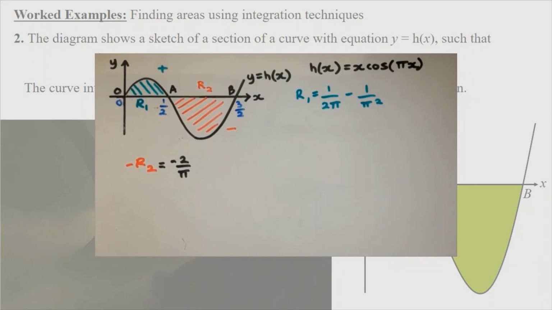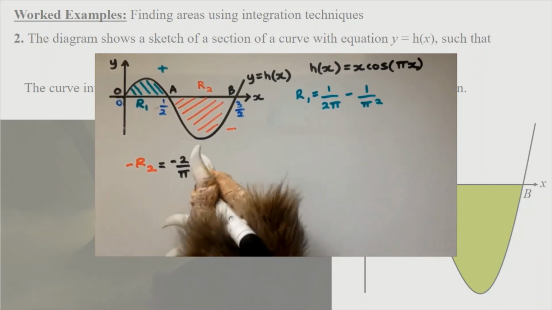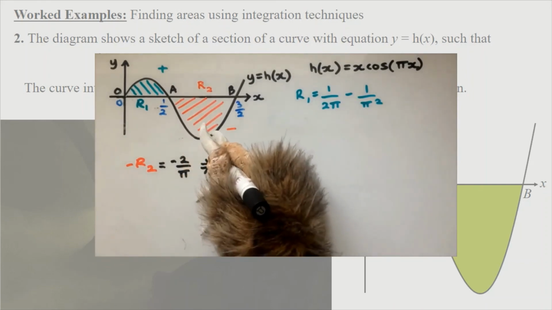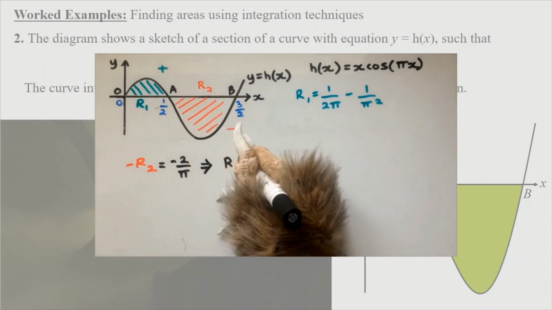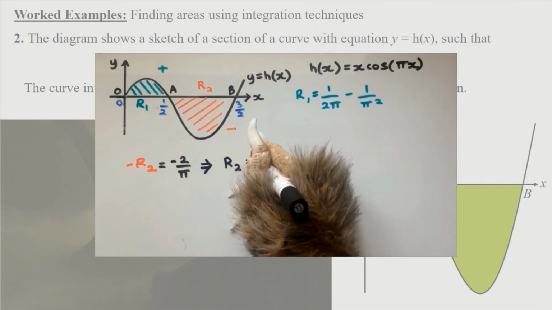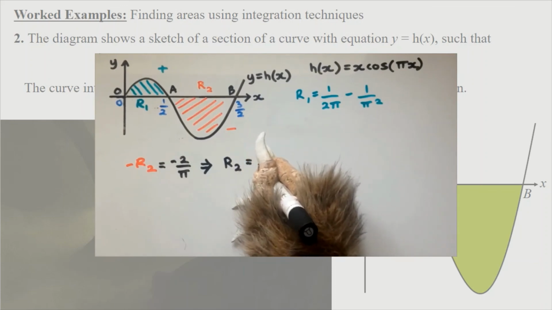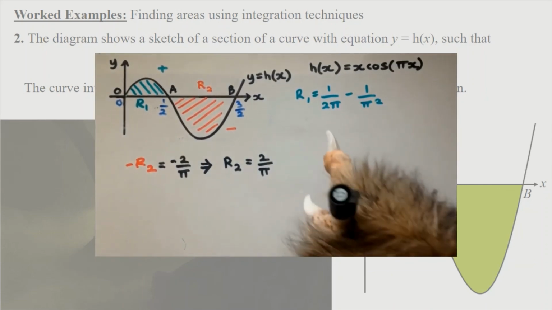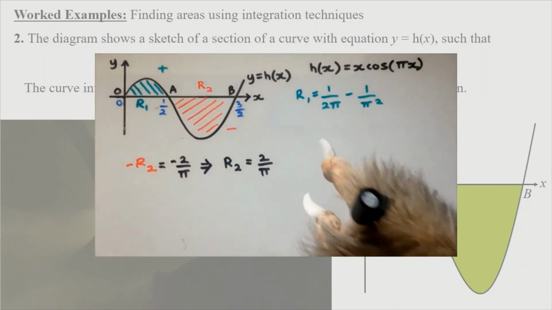This means, of course, that the area R2 is the positive version of this. So I'll just put a little implies there, just to explain that we've acknowledged that. So this implies that R2, of course, is 2 over pi, like so.